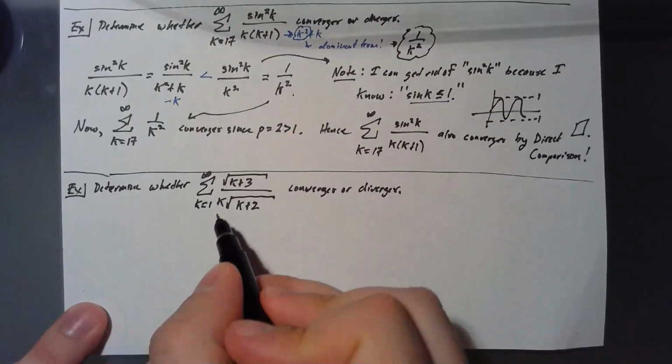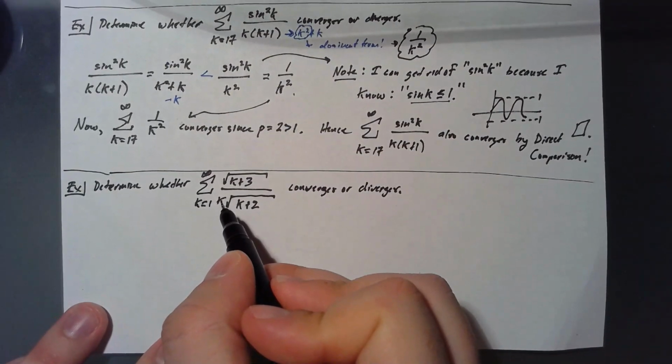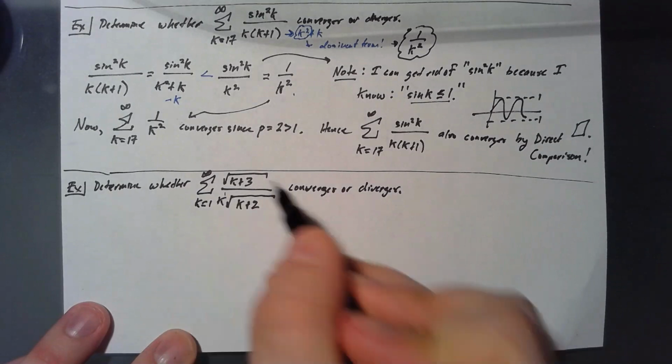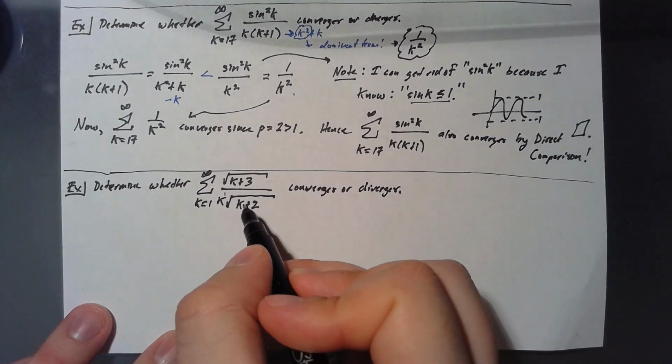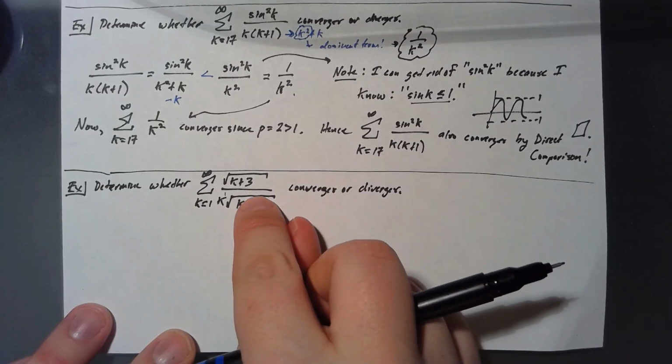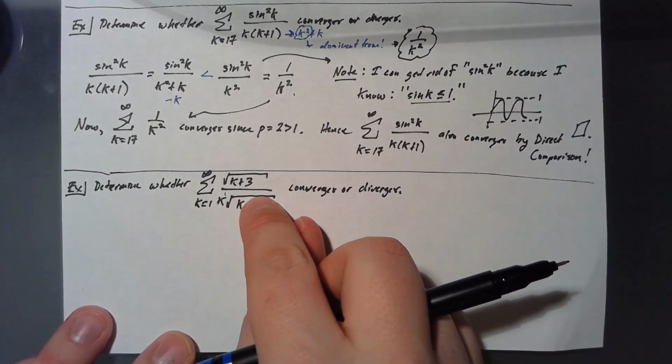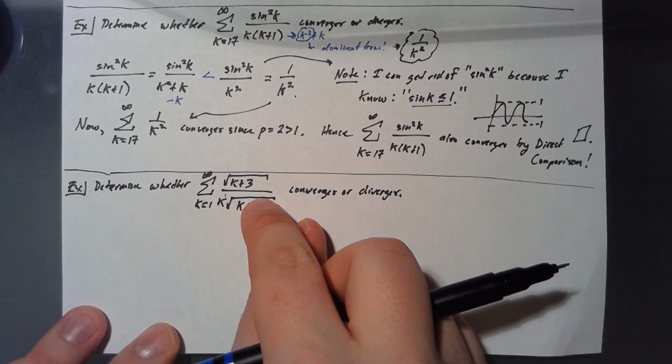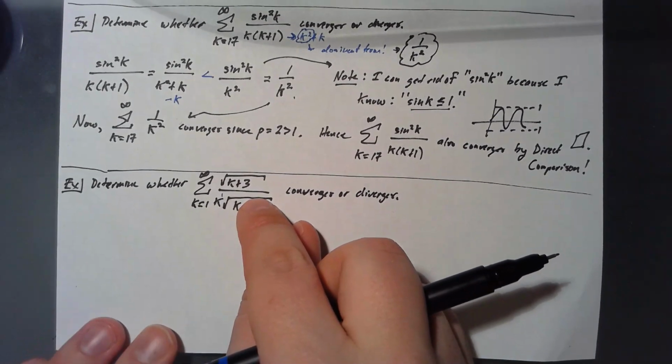You know, the power here is 1, right? Well, what's the power here? K. If I ignore the 2, I don't care about the 2, but that's the square root of k, which is k to the 1/2, right? All right.